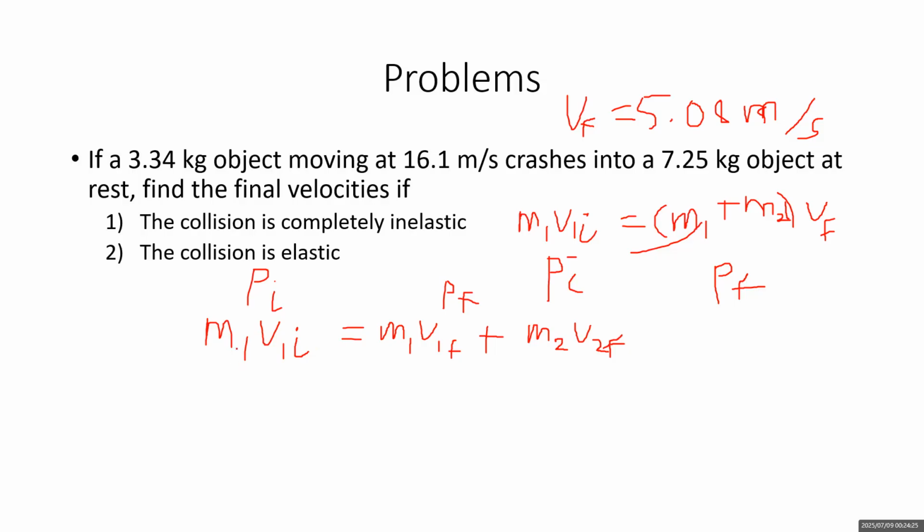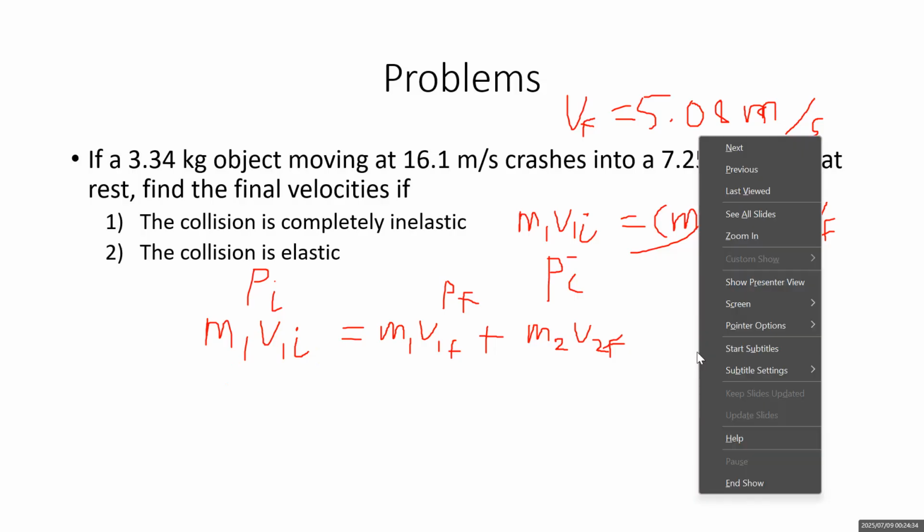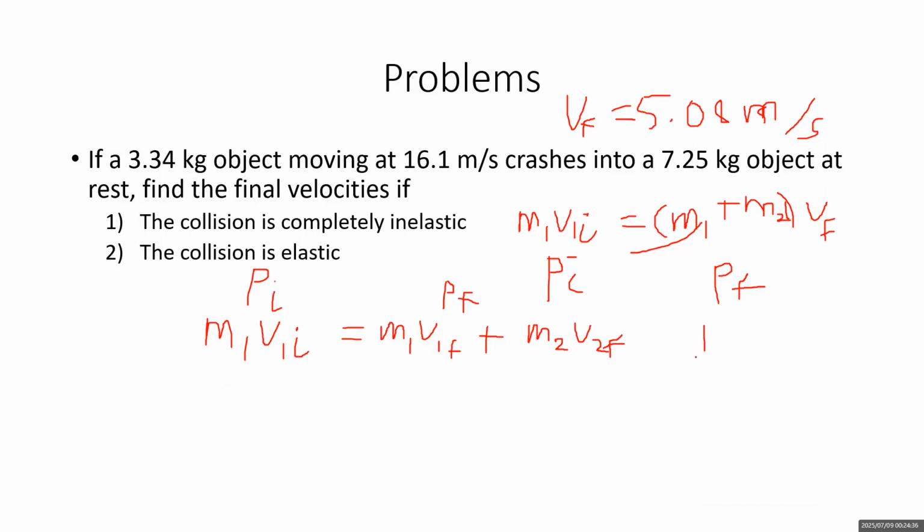Well, it's an elastic collision. We have kinetic energy to worry about too. So if we remember the formula for kinetic energy, it's 1/2 mv squared. So remember, this is kinetic energy, EK.